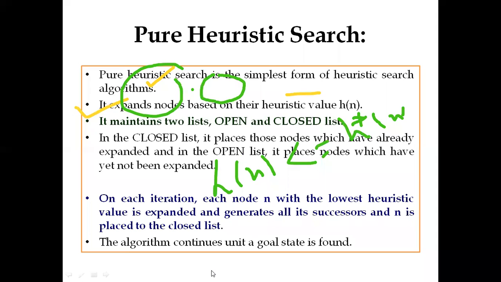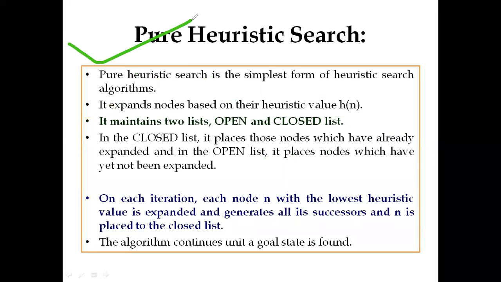The next topic is pure heuristic search. Pure heuristic search is the simplest form of heuristic search algorithm. It just expands nodes based on the heuristic value. Now, you have to know about two lists: one is the open list and another is the closed list.